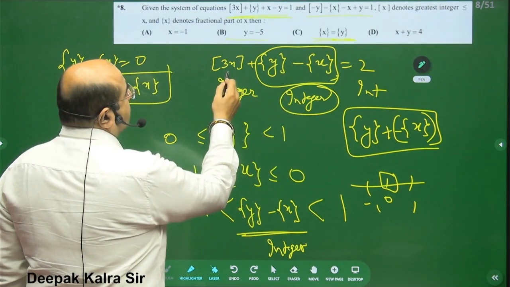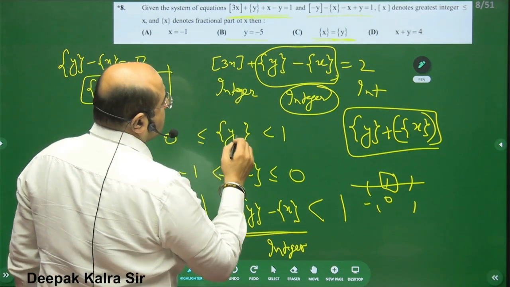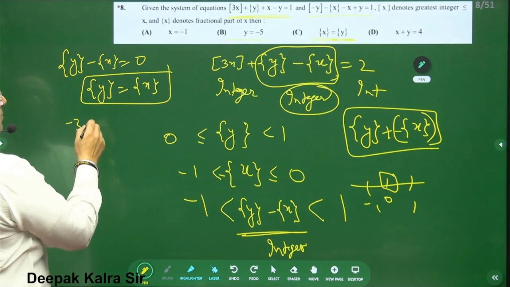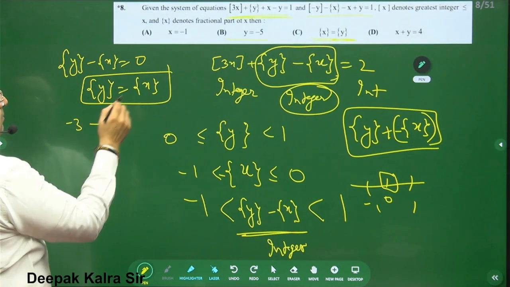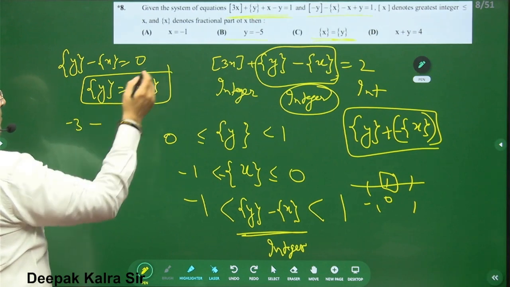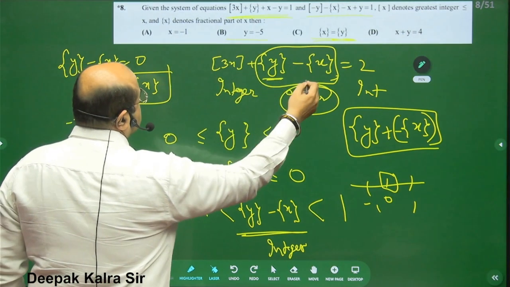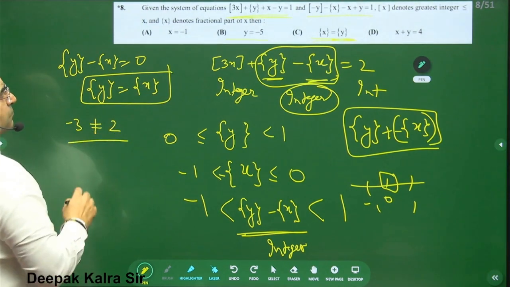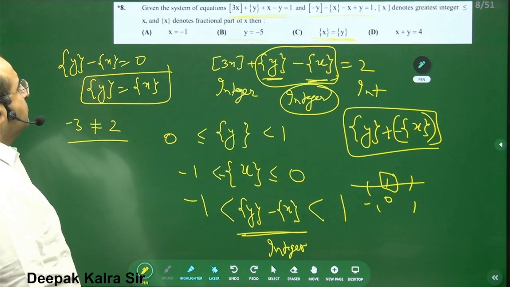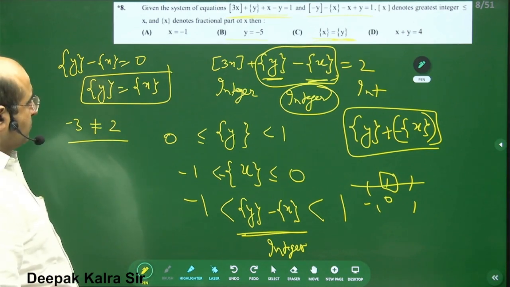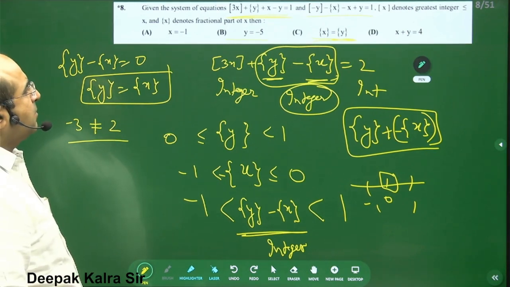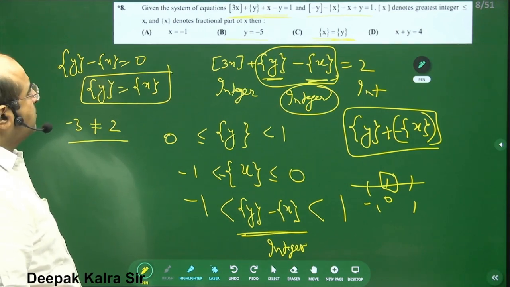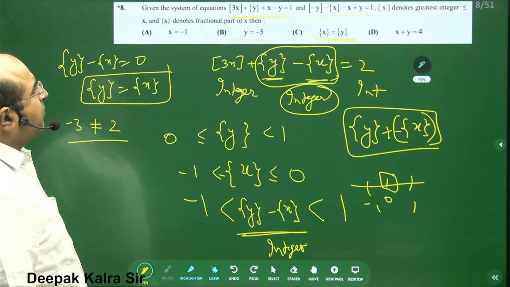x as minus 1, when you put, your minus 3, and this will become 0 in this case. This will also become 0. Minus 3 is not equal to 2. Second equation, I think.